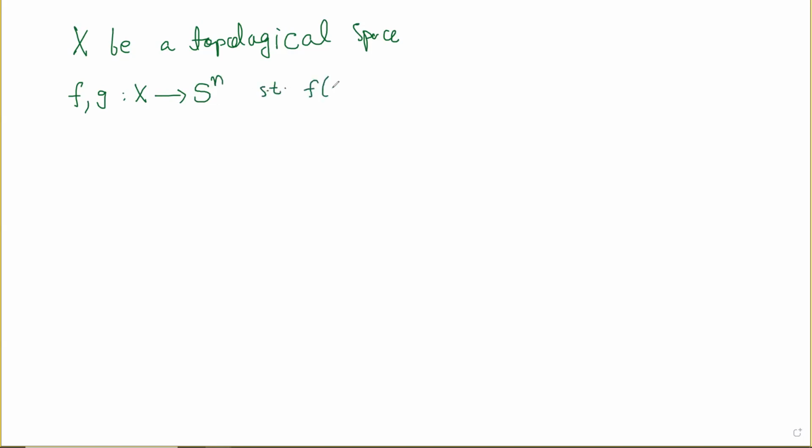So let X be a topological space, and f and g are maps from X to S^n such that f(x) and g(x) are never antipodal, right?